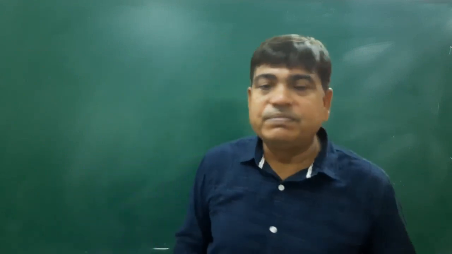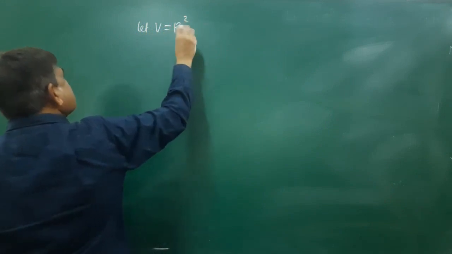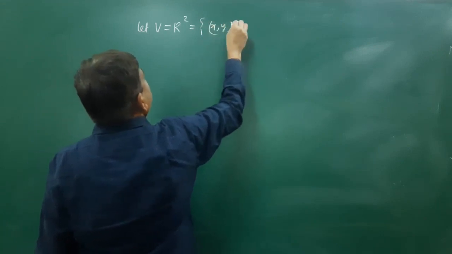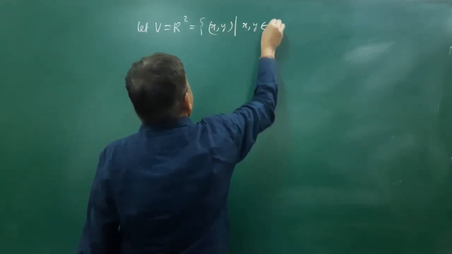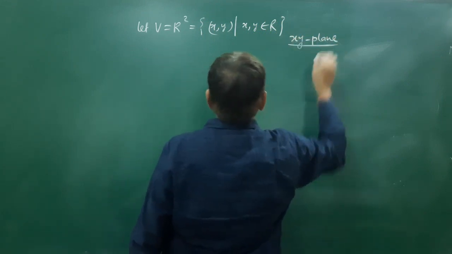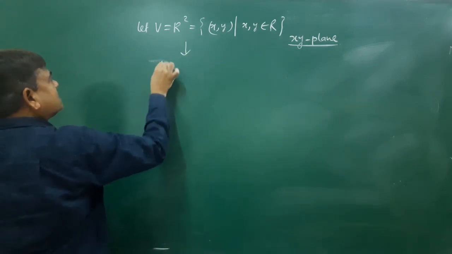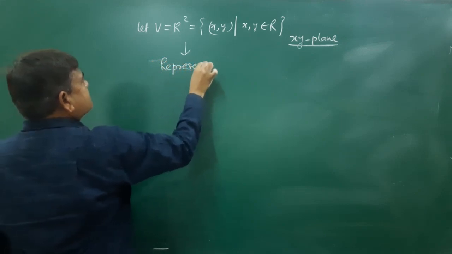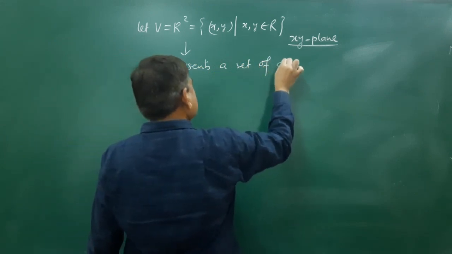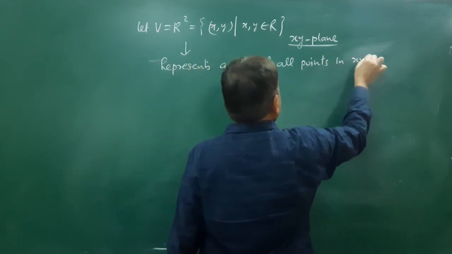Let us discuss one more example. Let V equals R², that is, (x, y), where x, y belong to R. Geometrically, you know that this is the xy plane. It represents the set of all points in the xy plane.